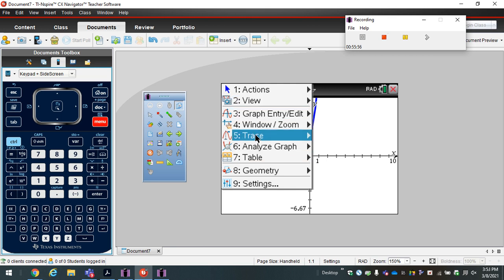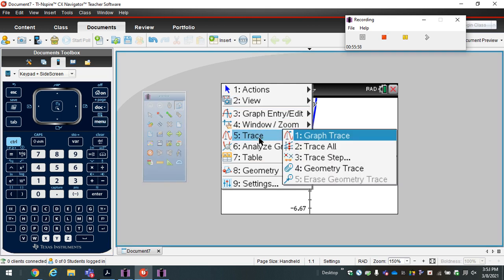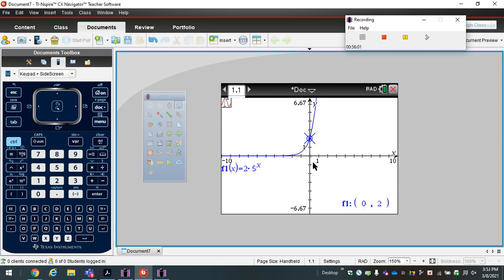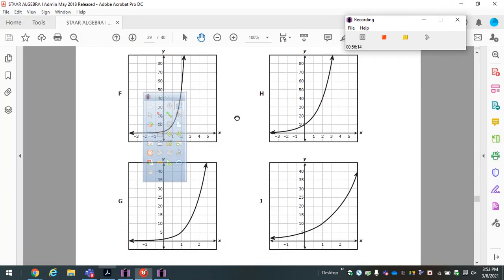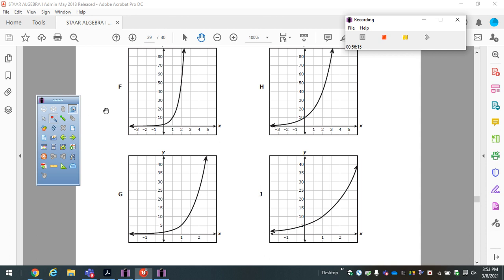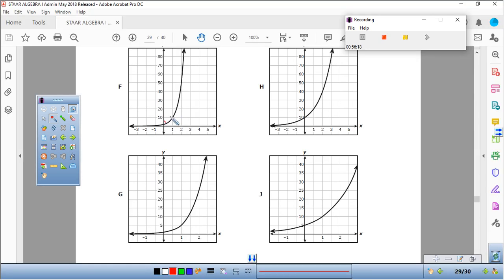Perfect. Now, this will tell me numbers that are on the line. Just go back and forth, and it'll tell me numbers on the line. So look at my y-intercept, 0, 2. Cha-ching, that looks like 0, 2.